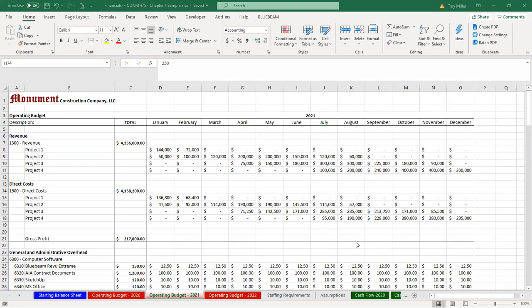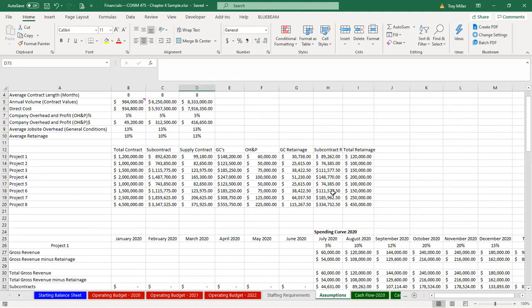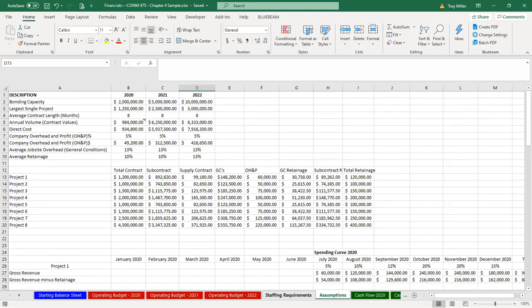If you guys recall, this operating budget is for a startup commercial general contracting business. And last time I showed you this assumptions tab that I added. I also showed you some of my staffing requirements. I moved that tab in just so I could have access earlier.